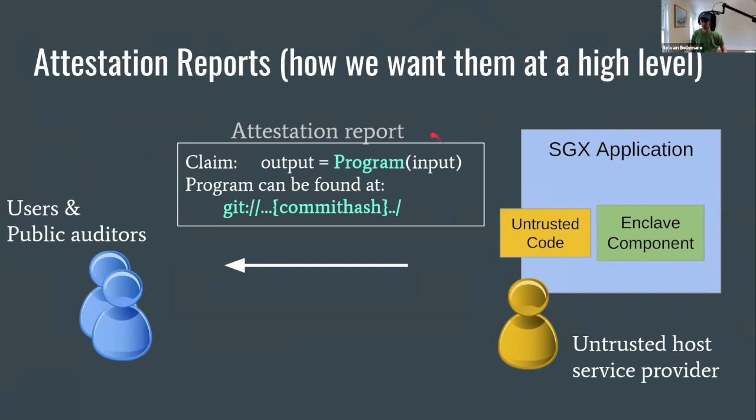And we want some kind of attestation report that tells us, this is a program for this input, we're claiming that the output is this, and the program that was used is available in a public version control repository, like GitHub or whatever. Then users and public auditors should be able to use that attestation report and verify it on their own, without interacting with the SGX application or ecosystem or Intel.